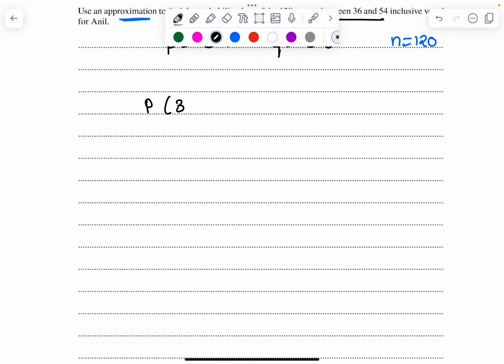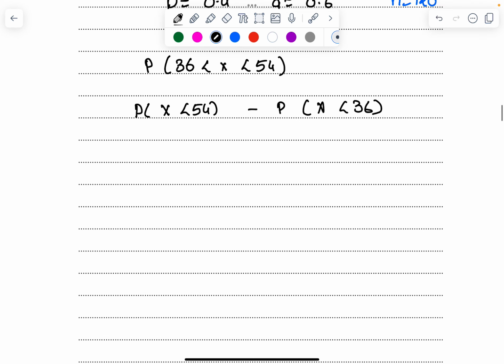So probability that it lies between 36 and 54. So probability of x less than 54 minus probability of x less than 36. Now this is x less than 54. When I'm taking it out, it should be taken as z less than 54.5 minus mu, because of approximation, we are using 54.5.